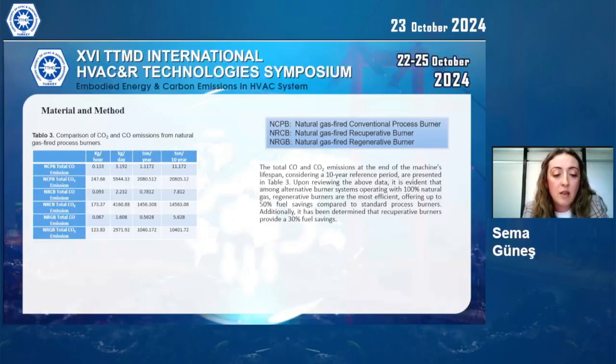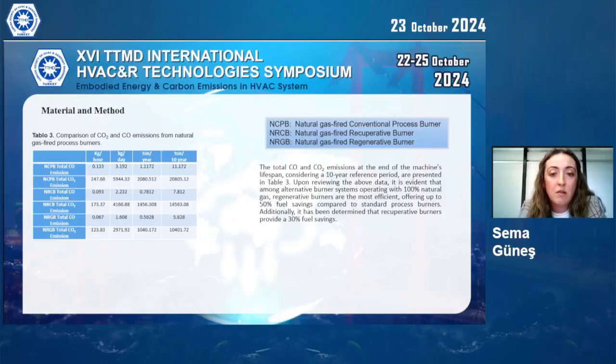Our results show that regenerative and recuperative burners provide significant advantage in terms of energy saving and emission reduction. In industries such as cement and steel, these burners contribute to reducing the carbon footprint and enhancing environmental sustainability.